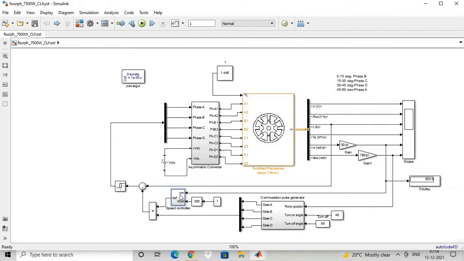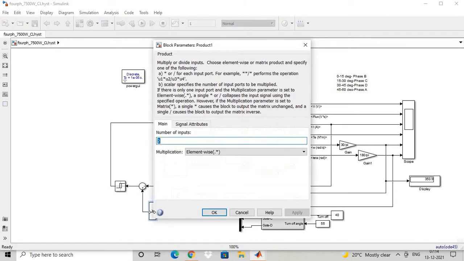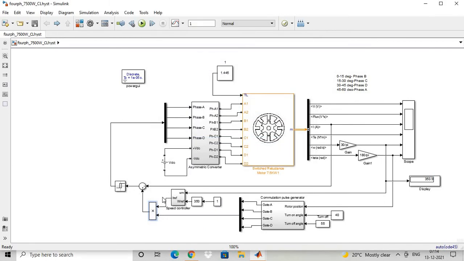Now that current reference is given here. So this product is given to the converter through these different blocks.